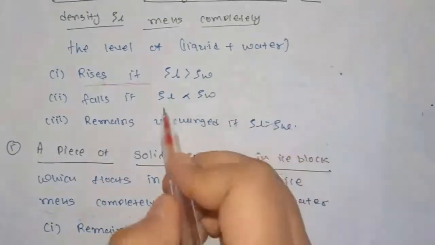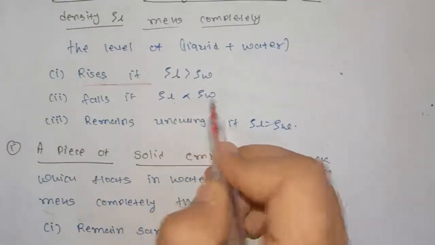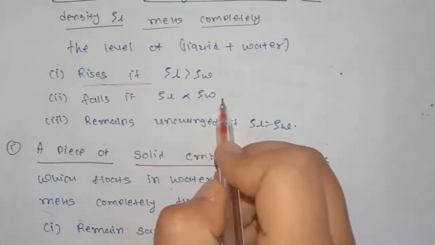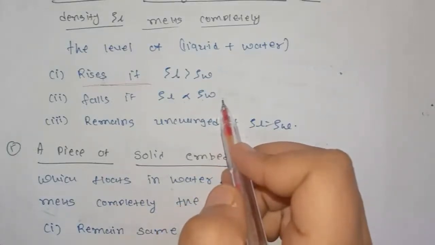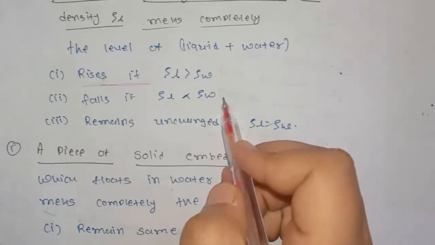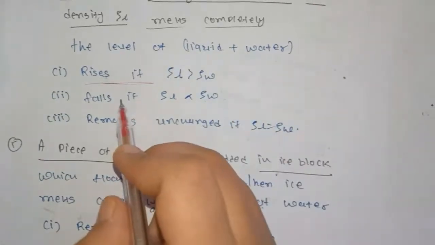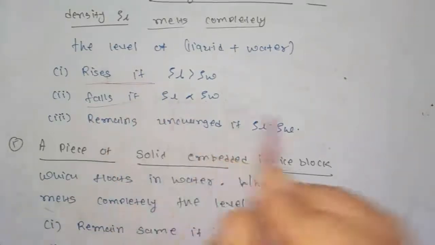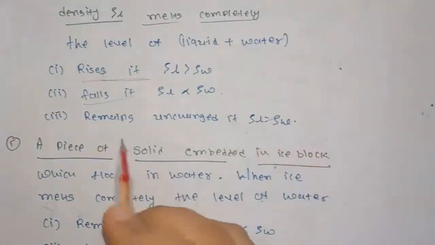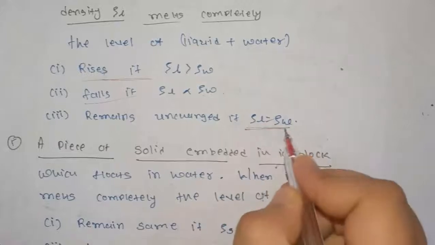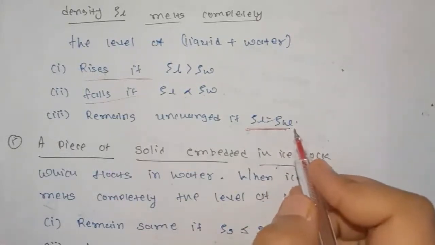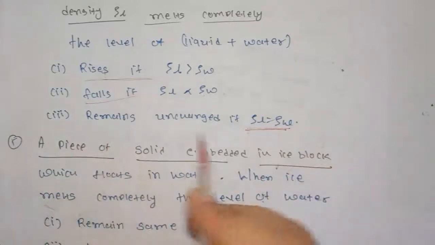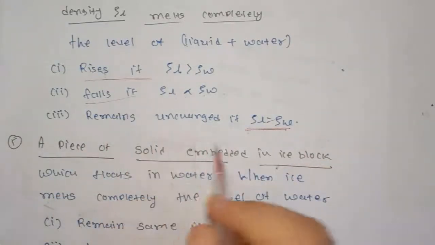Now, if density of liquid is less than density of water, then initially it was displacing more liquid, so volume displaced was more. Now, after melting, the water level will fall. If density of liquid is equal to density of water, for example, it is floating on water only, then the level will remain same.